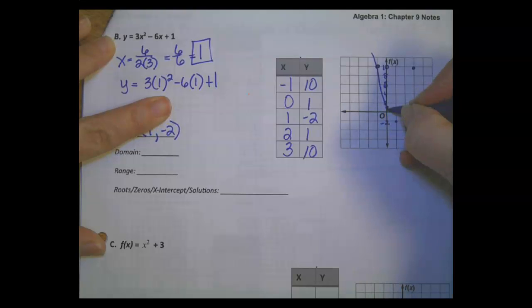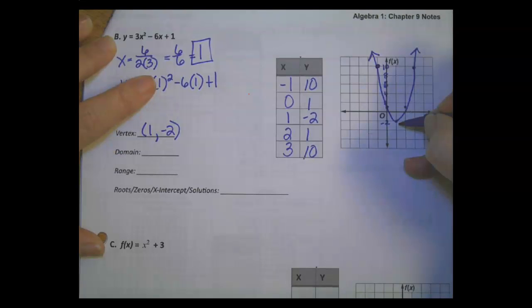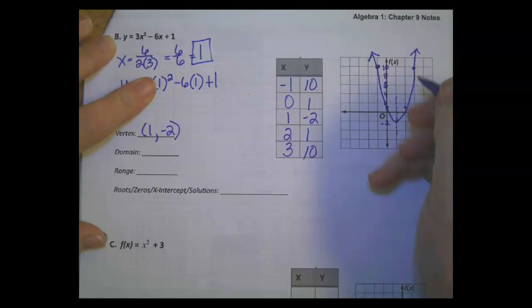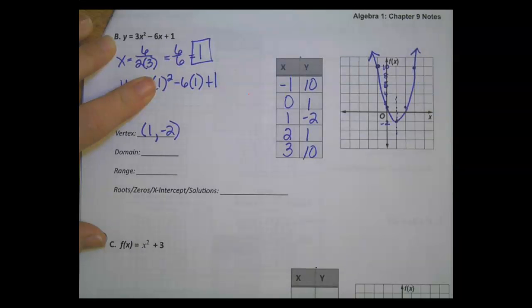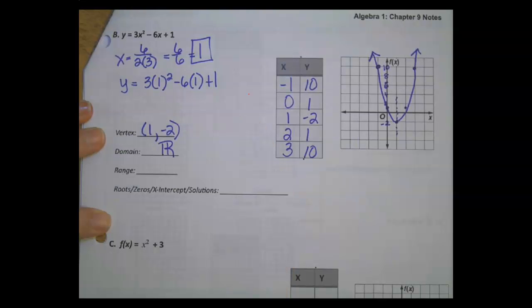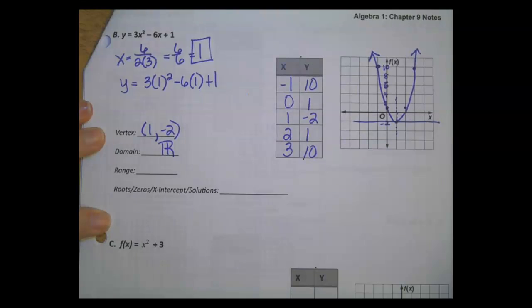So again, a parabola has this axis of symmetry. So this one was right here. So it's equally divided. So it's equal on this side as it is this side. My domain, all real numbers, always for a parabola. And my range depends on this right here, that minimum in here.